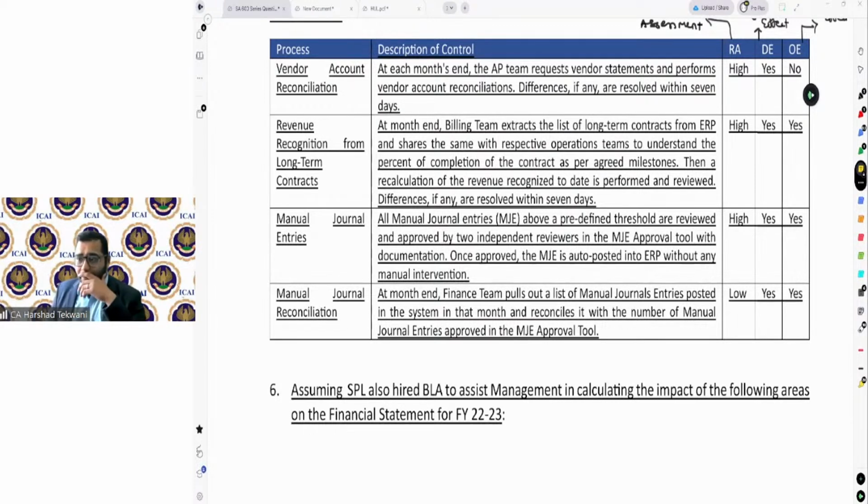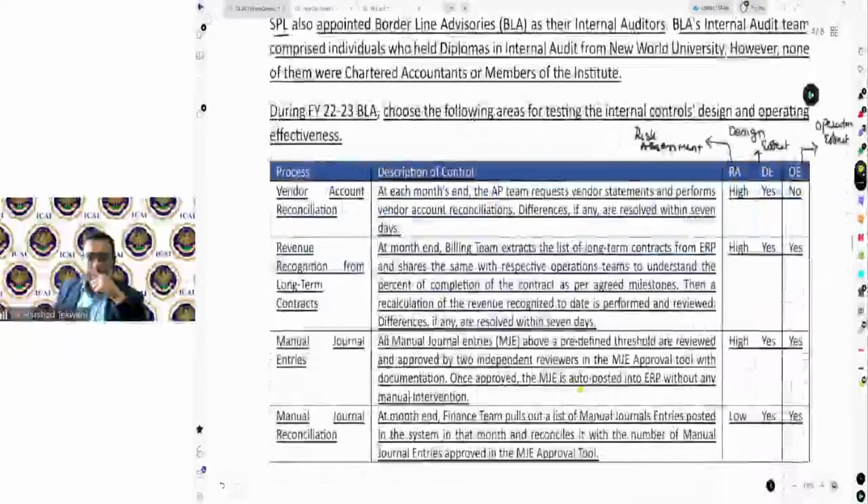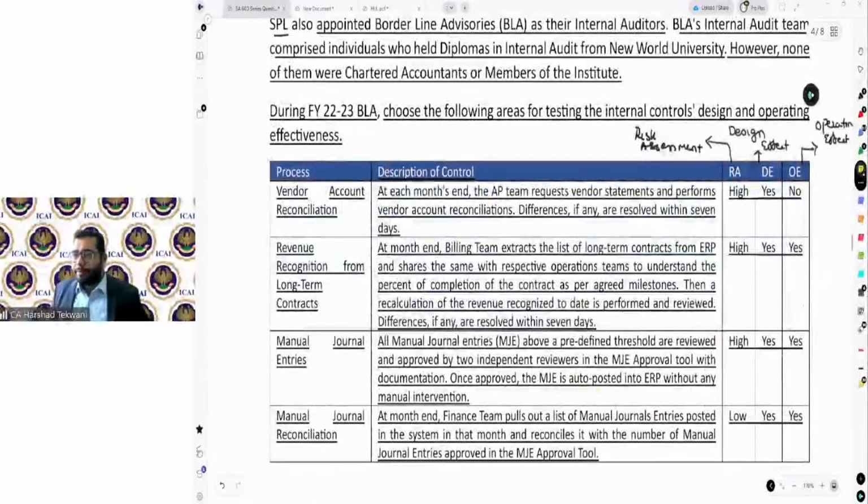Come on, guys. I'm waiting for your answers. Absolutely correct, Namrata. Absolutely correct.